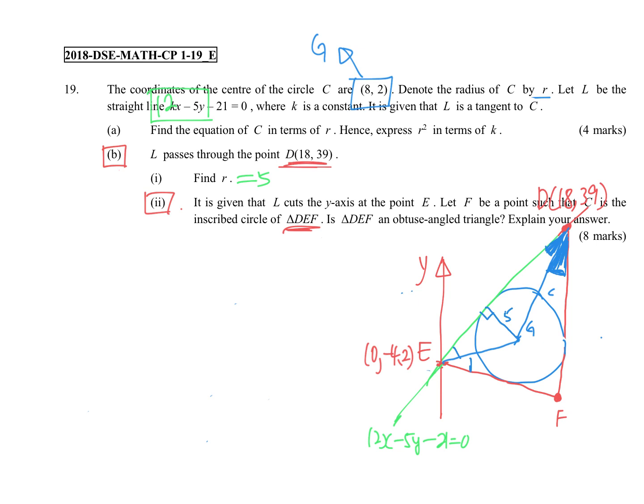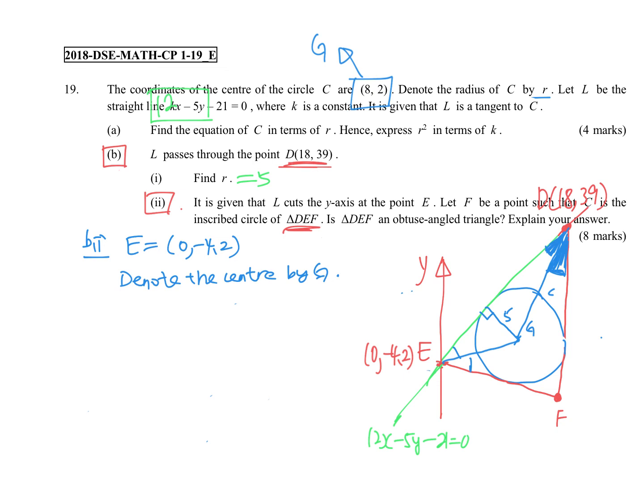So for B2, we directly write E equals (0, negative 4.2) first, and then denote the center by G. There's only one center here.